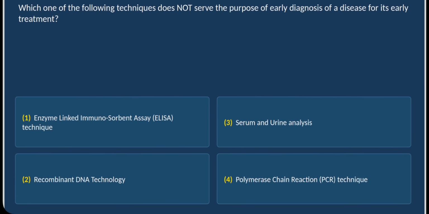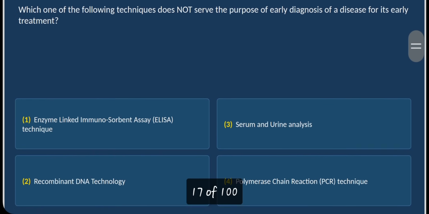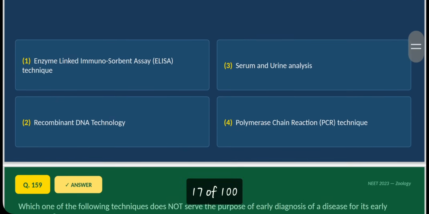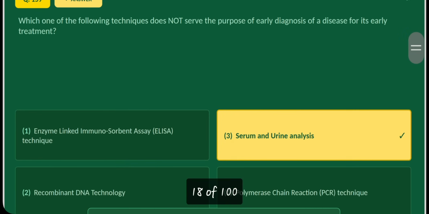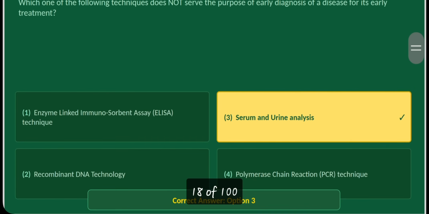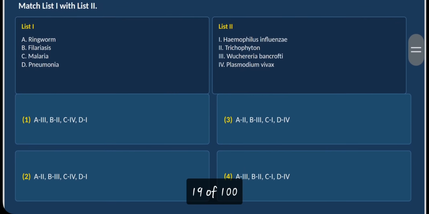Serum and urine analysis is usually seen after the progressive stage of the disease, when symptoms are seen. So they are visible during that. So the third option is the incorrect part of it. You cannot see the early diagnosis of disease through serum and urine analysis. So serum and urine analysis is the correct option for this question.